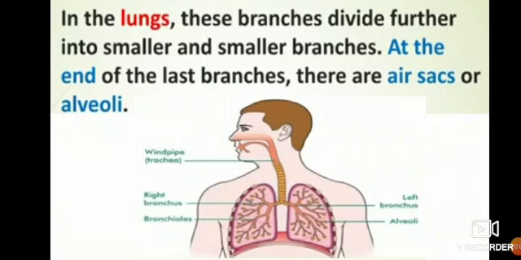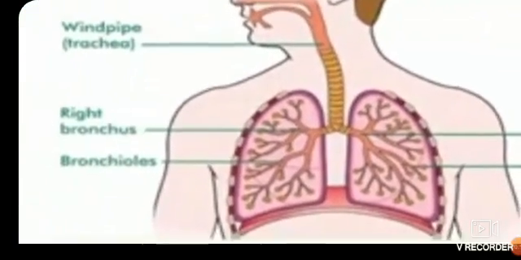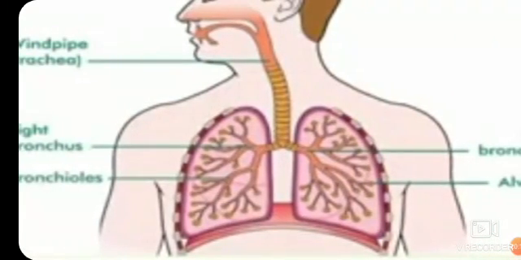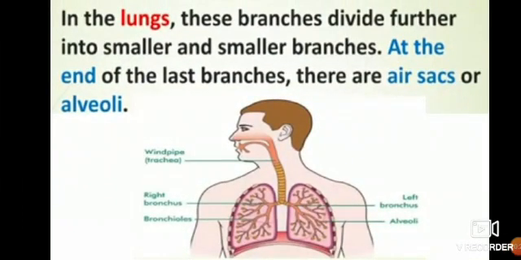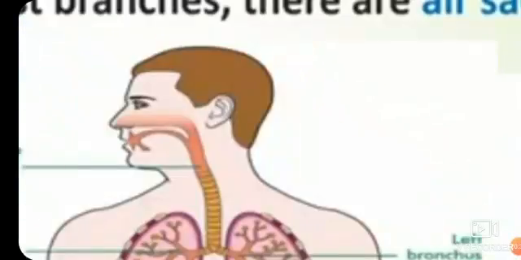See here. In the lungs, these branches divide further into smaller and smaller branches. Can you see the picture here? There are smaller branches over here. And at the end of the last branches there are air sacs or alveoli.